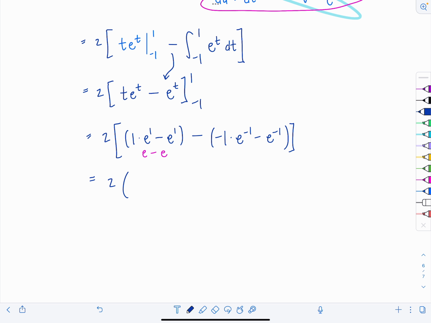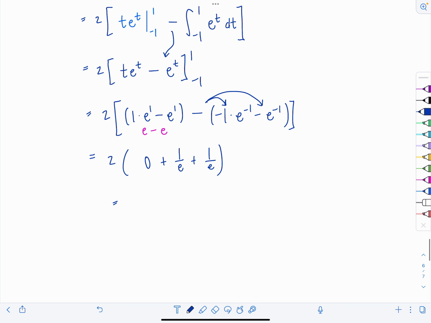So that's just 0. And then this is going to be plus 1 over e, right? Plus another 1 over e. So that's 2. What an ugly looking 2. Come on, we can do better. 2 times 2 over e, which is 4 over e. Voila.